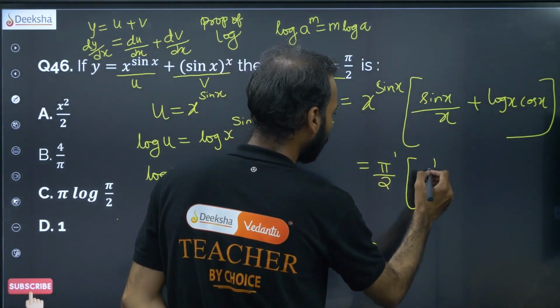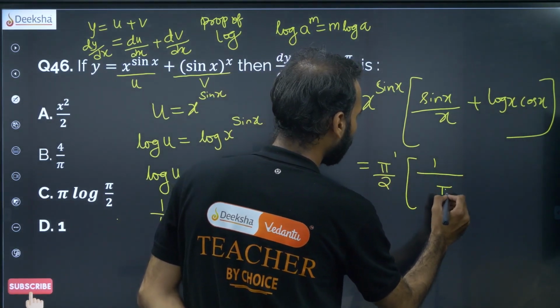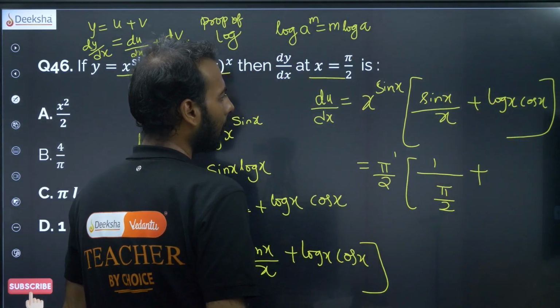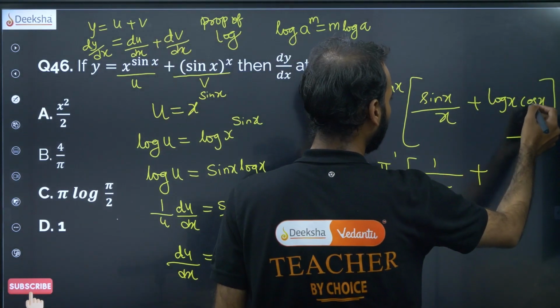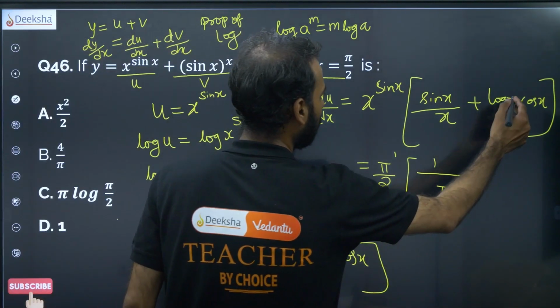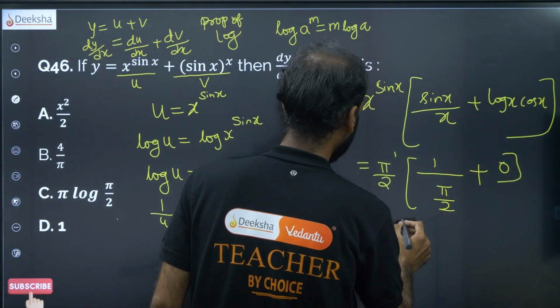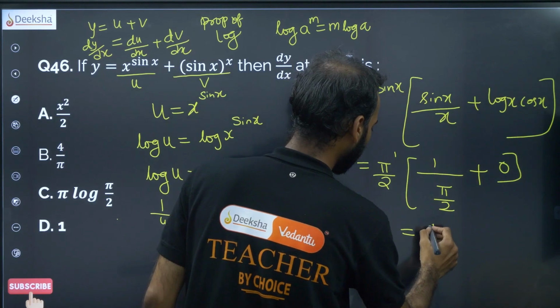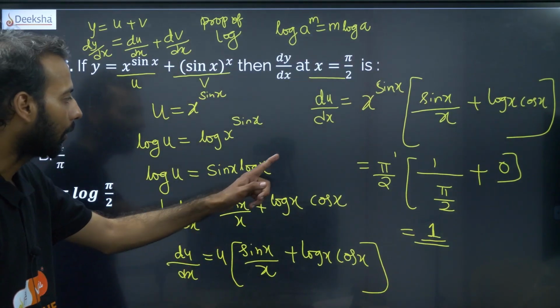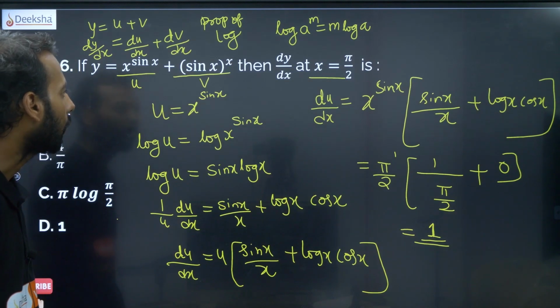Next, x is pi by 2 plus log x cos pi by 2. Cos pi by 2 is 0, so this becomes 0. So ultimately we are left with 1 times pi by 2. If you multiply this, we will get 1.